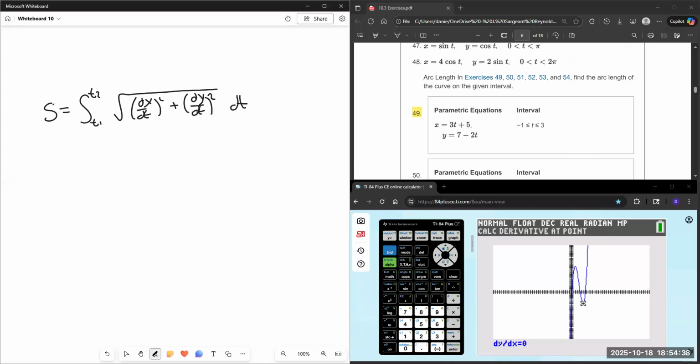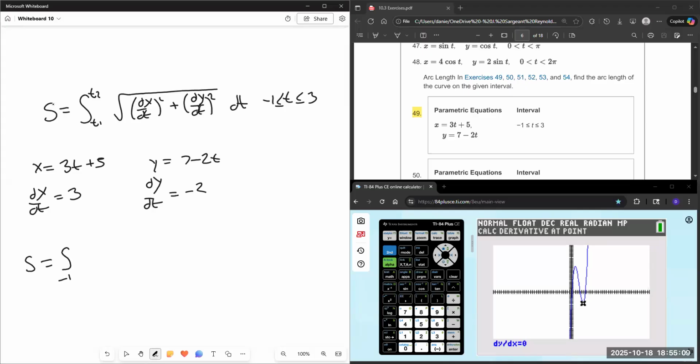So if I have x is equal to 3t plus 5, dx dt is equal to 3, y is equal to 7 minus 2t, dy dt is equal to a negative 2. And my interval here for t is that t is between negative 1 and 3.